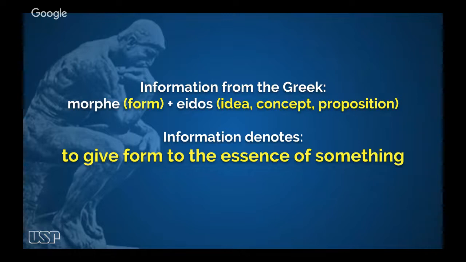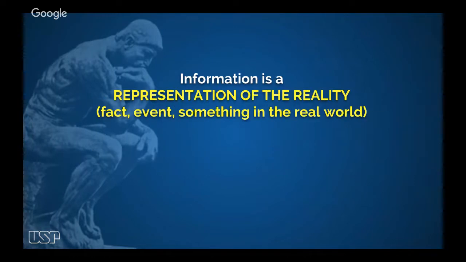That means form plus idea, concept, proposition. So information denotes giving form to the essence of something, okay? And so we can say that information is a representation of the reality. And this reality could be a fact, an event, or something in the real world, okay?